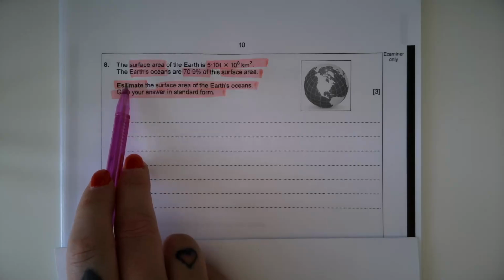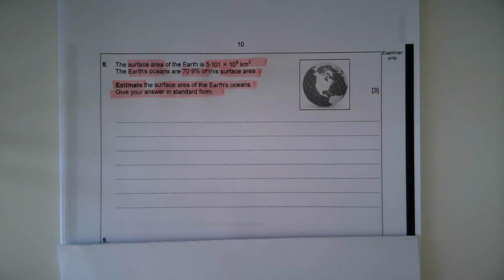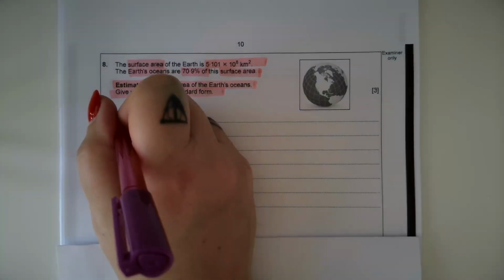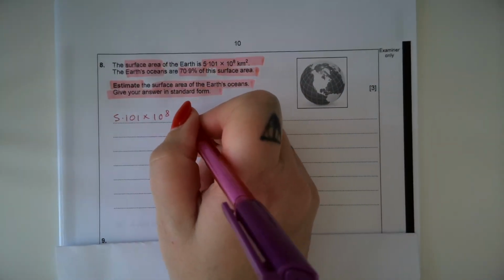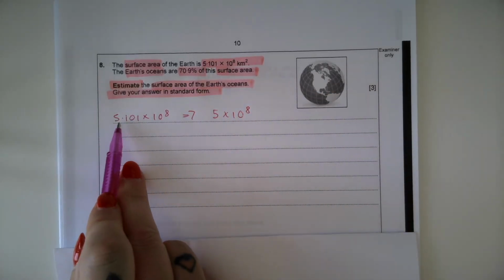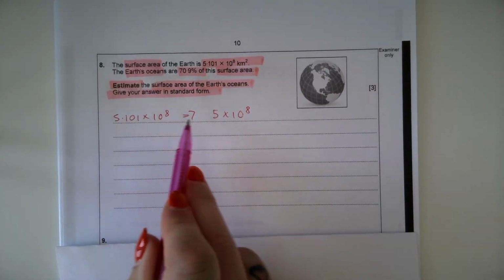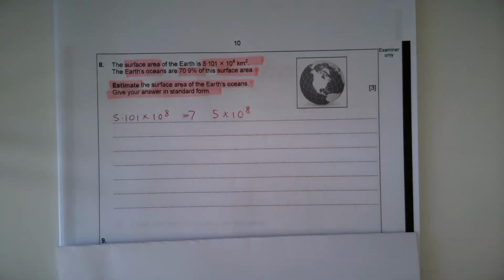So what we're going to do is round the values we've been given to one significant figure, to make our lives a little bit easier and to help us estimate. So 5.101 multiplied by 10 to the power of 8, I am going to round to 5 multiplied by 10 to the power of 8, because 5.101 to one significant figure would be 5. Okay, and that's a much nicer value to deal with.